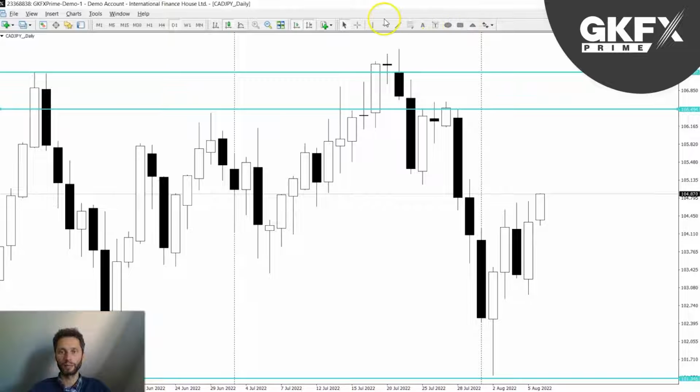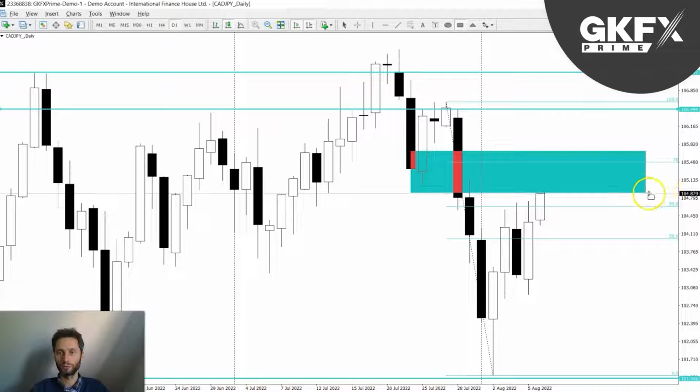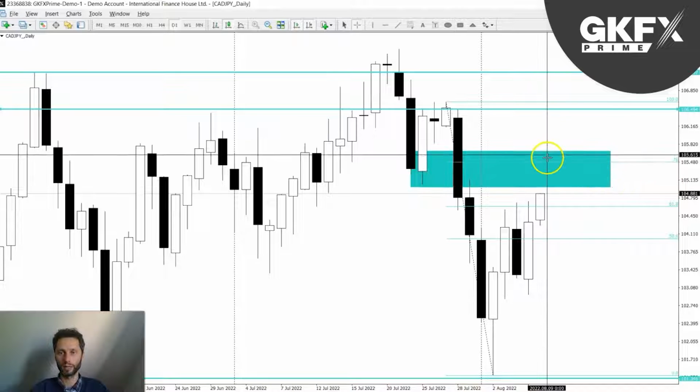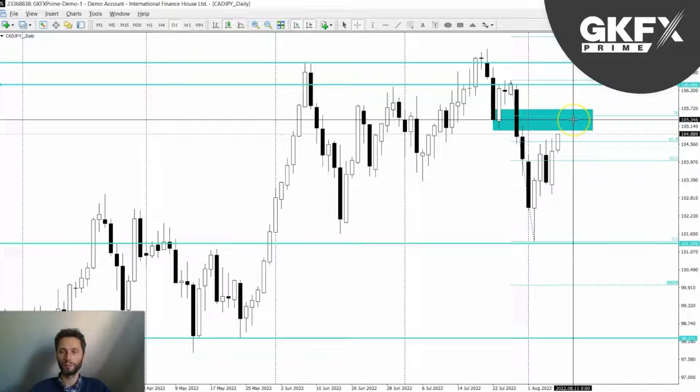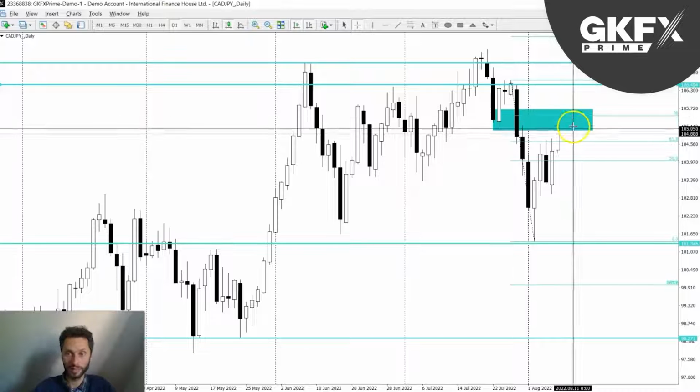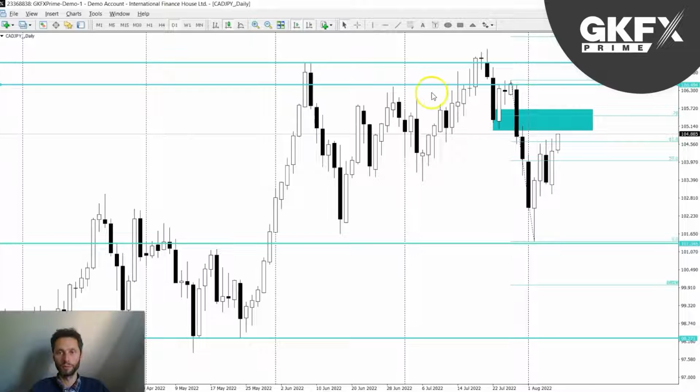So here we have this swing high, this swing low, and again I'm going to look for a nice deep retracement, which we're having right now, to this level right here, and then I'll see the market interacting with this zone level. And then if I see that, I'm going to see the reversal to the downside.